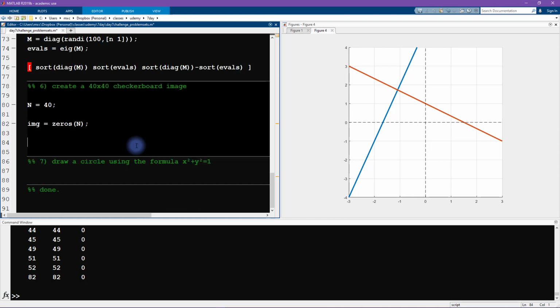Now the formula for creating a checkerboard image is -1. Let me put this in a comment here. So it's -1 to the power of i plus j, where i and j are the row and column indices. So this is the general formula that you use. You just have to be careful with the order of operations because the exponent takes precedence over subtraction.